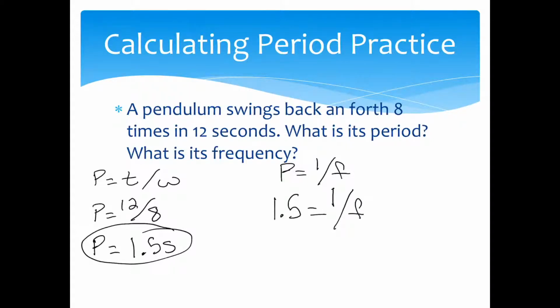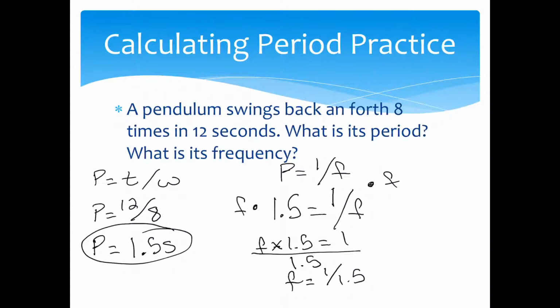Now we have to rearrange this equation so that frequency is by itself. So you're going to multiply both sides by f, which will then give you frequency times 1.5 equals 1, and then divide both sides by 1.5. That'll get frequency by itself, and that'll give you 1 over 1.5.